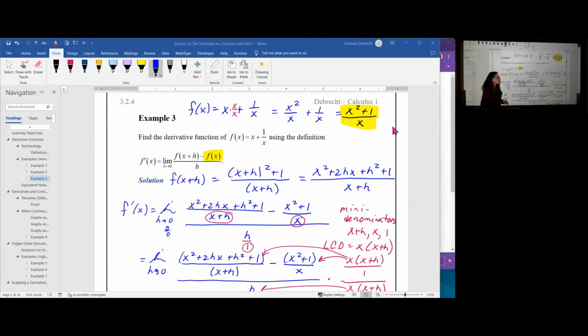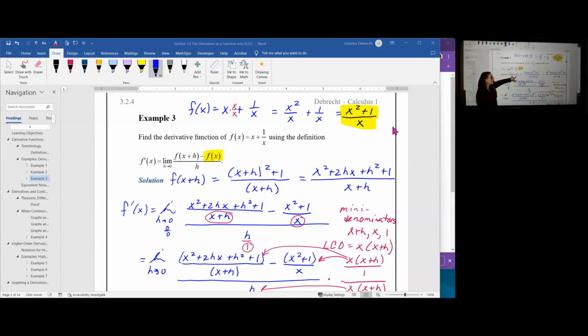So let's now compare. This is a much longer problem, doing it the way we're doing it. Again, I got a common fraction, and when I substitute this into the difference quotient, I'm going to have a complex fraction.